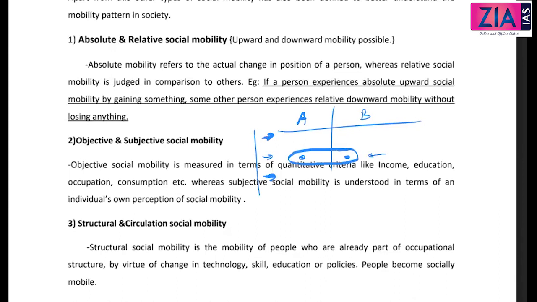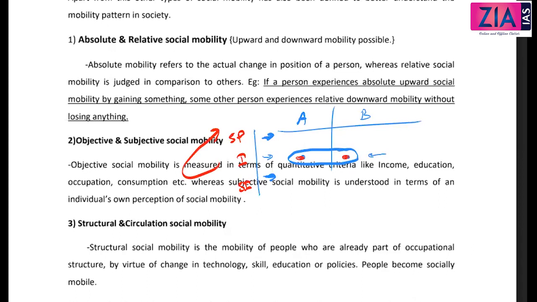Now imagine the situation. A got promoted. A and B are friends, working in the same department at the same level. Let's say this is superintendent of police, this is inspector, and this is sub inspector. Both of them were inspectors. Now A got promoted to SP. What mobility does A experience?